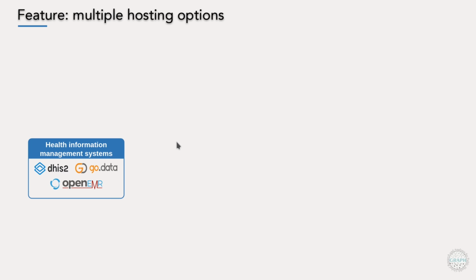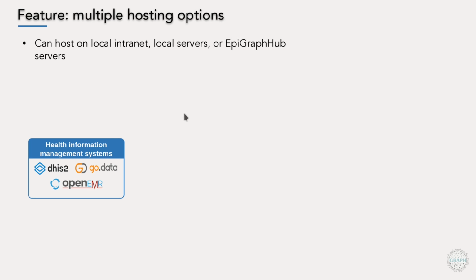So one other concern when people are looking into developing a pipeline for analyzing data, say, whether you work in a hospital or in a country, in a public health company, you have to worry about where am I going to host this code so that it can run 24/7 and not let me down. Well, EpiGraphHub offers multiple hosting options.